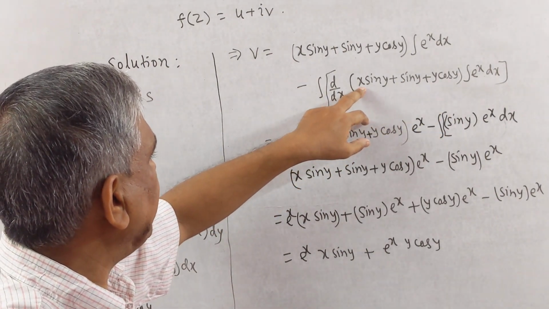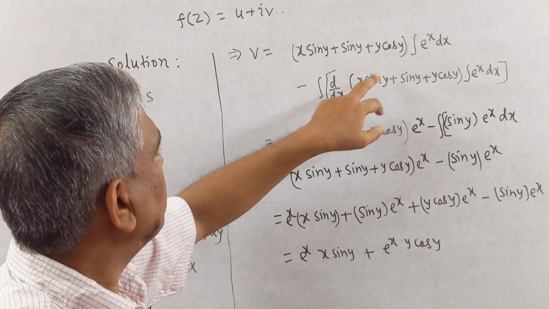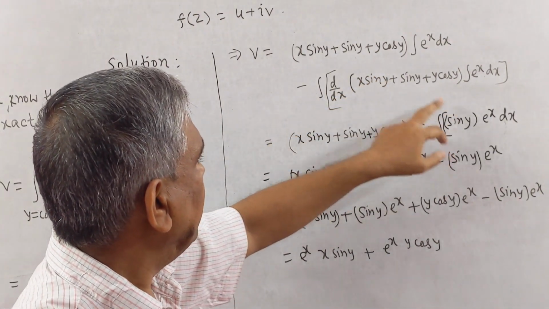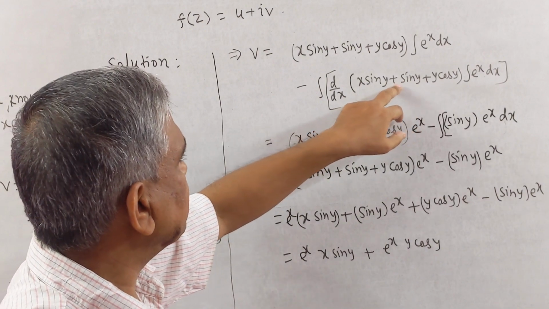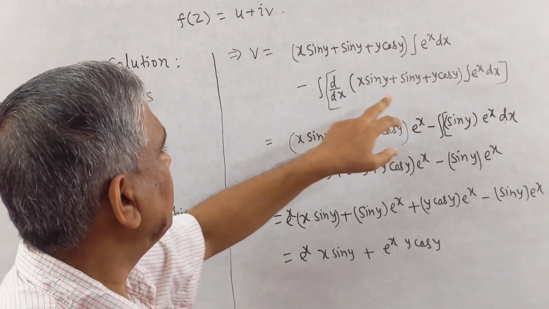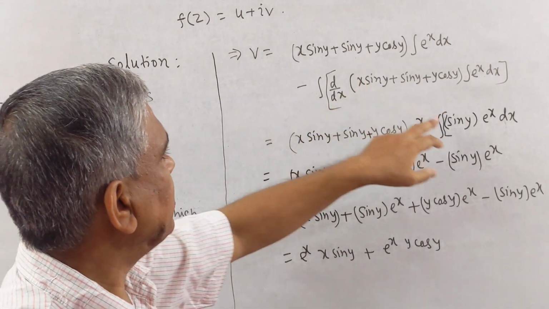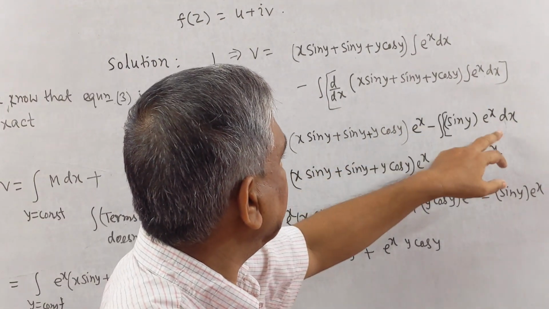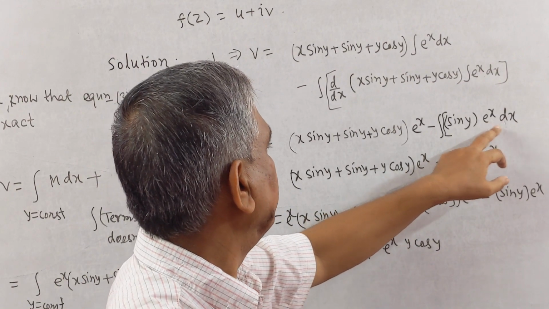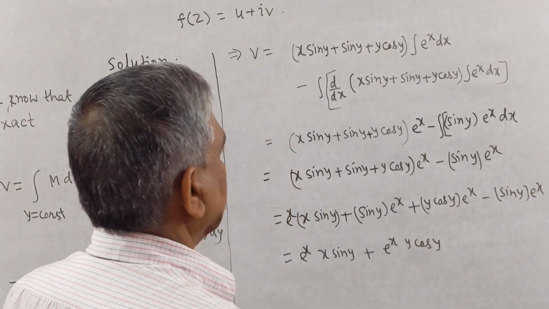So differentiation of x is 1 times sin y, and the other terms, being constant, give 0. Only we get 1 times sin y. Now the integration of e^x is e^x dx.